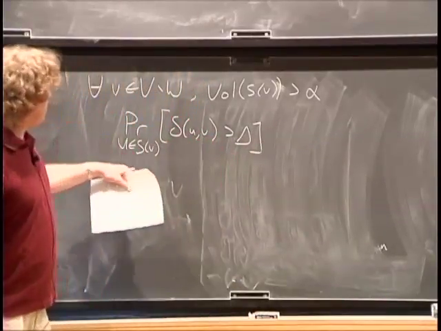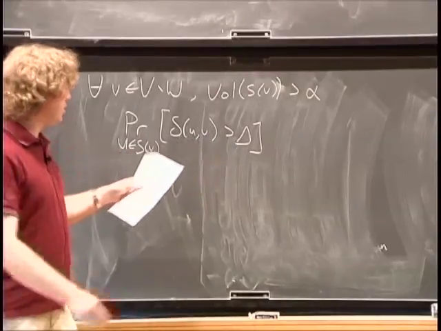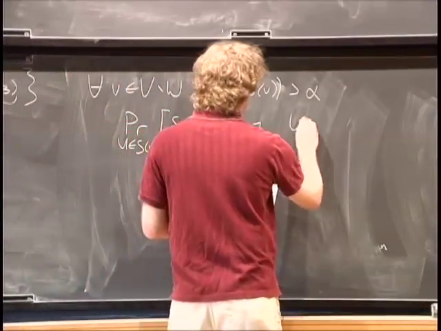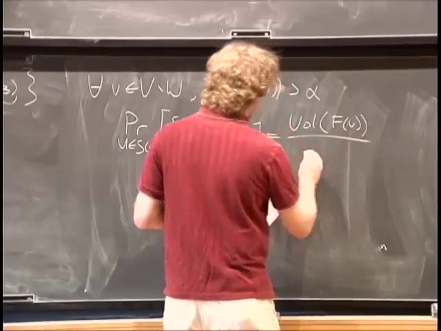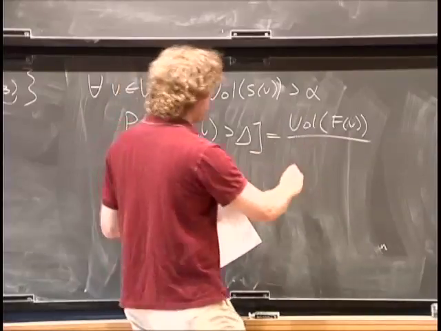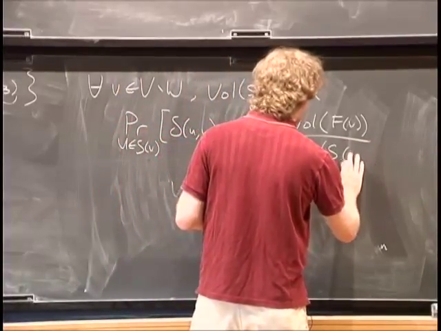The probability that we pick some u in V's set that's far from it is the fraction of things that are far from it over the fraction of things that we can choose from.